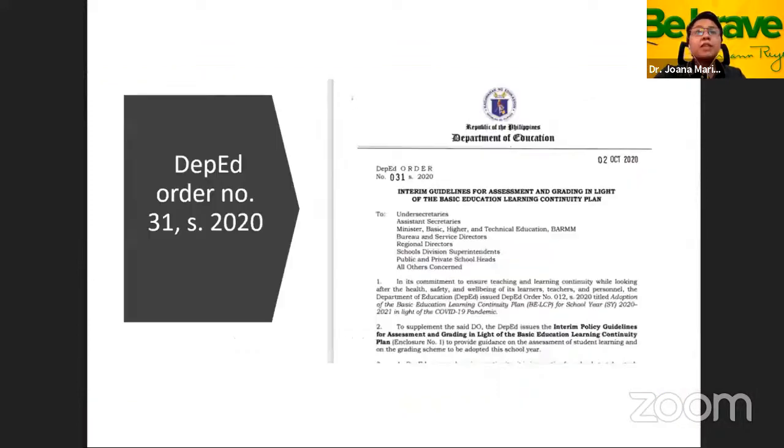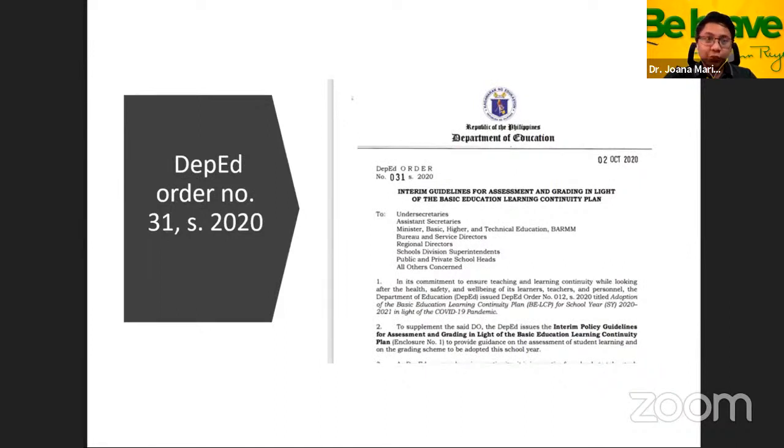And then, since nasa pandemic tayo, nilabasan po tayo ng DepEd ng DepEd Order number 31, series of 2020. So dito po, for the students' assessment in terms of this situation. Kung baga, special po kasi yung situation natin ngayon.